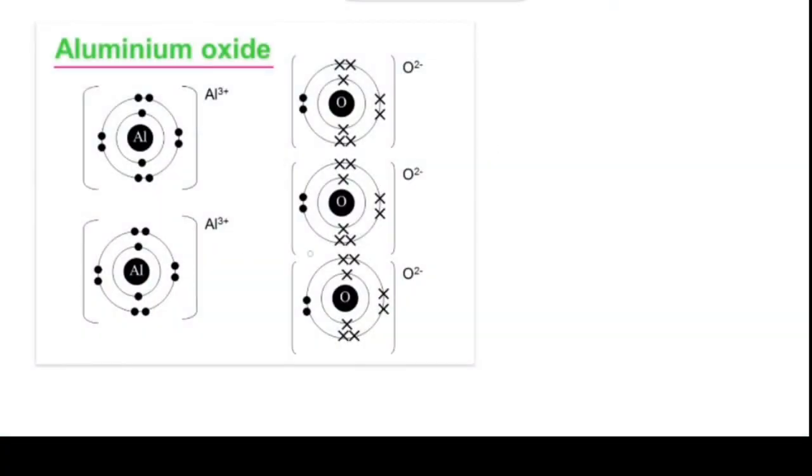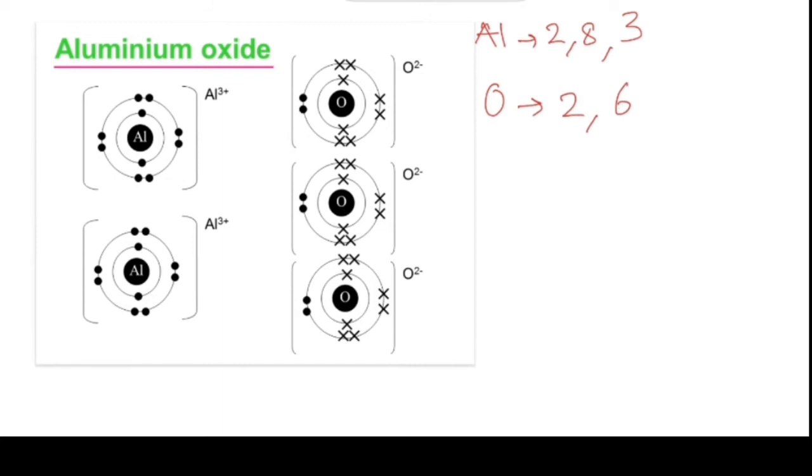Here you can see the final dot and cross diagram of aluminium oxide. When you write the electronic configuration of aluminium, you will know that aluminium is 2, 8, 3, right? And oxygen is 2, 6.